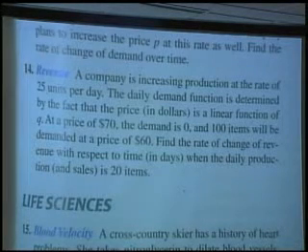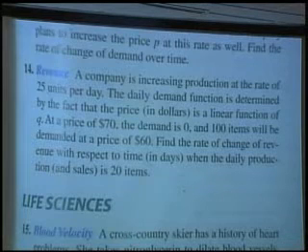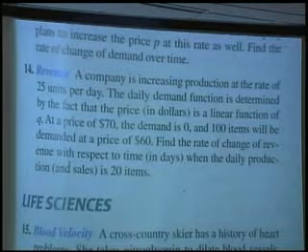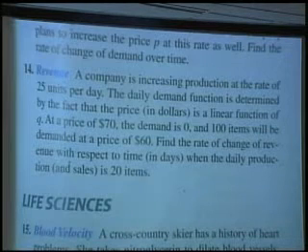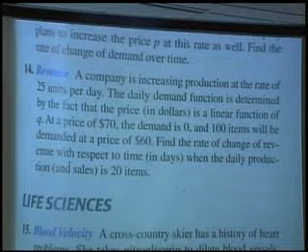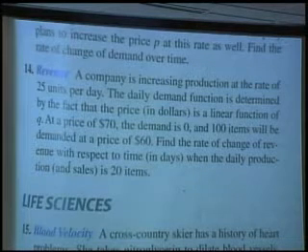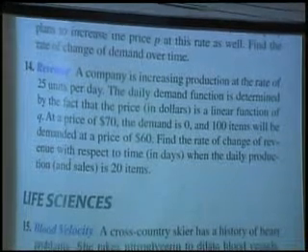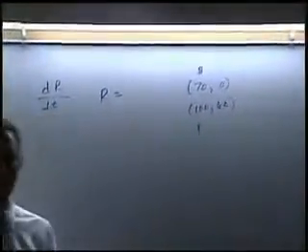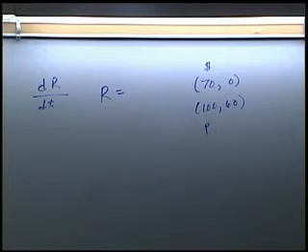So I have an ordered pair. $70, demand is equal to 0. And 100 items demand a price of $60. Okay? And over here, this is my dollar amount. Okay, so this is like my price function. Okay, lowercase p we used for price earlier this semester.